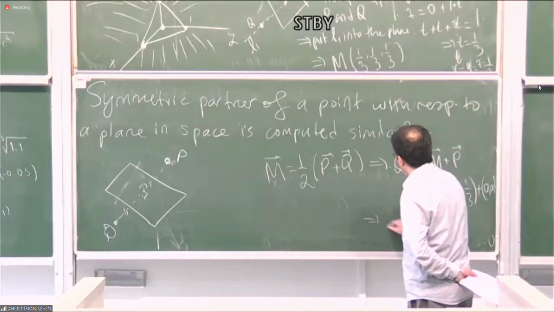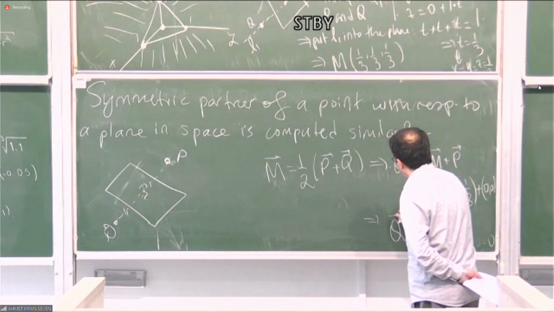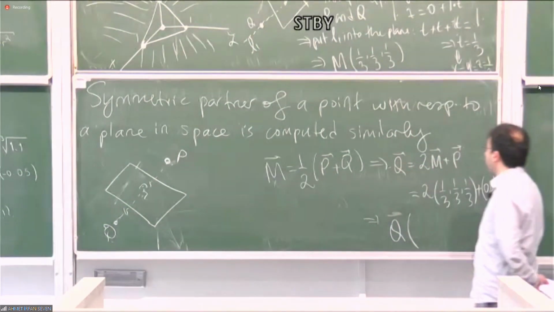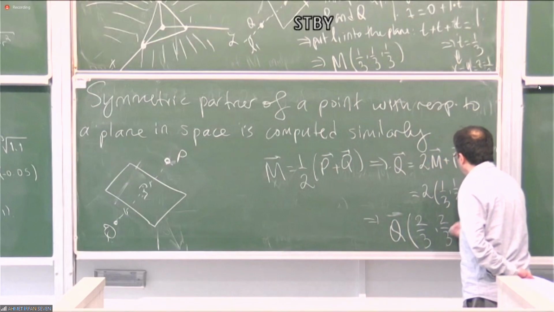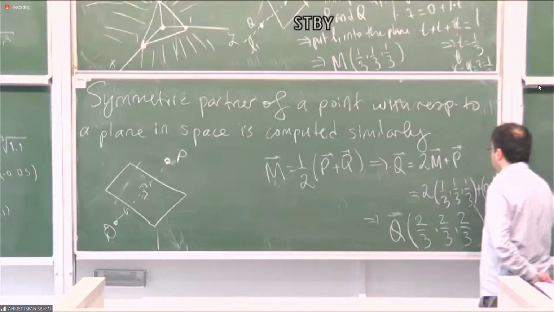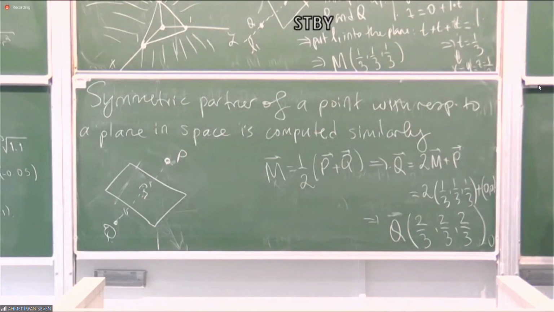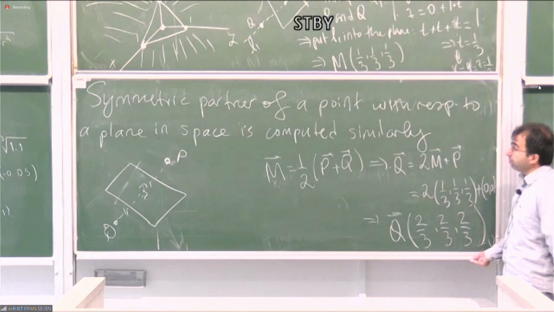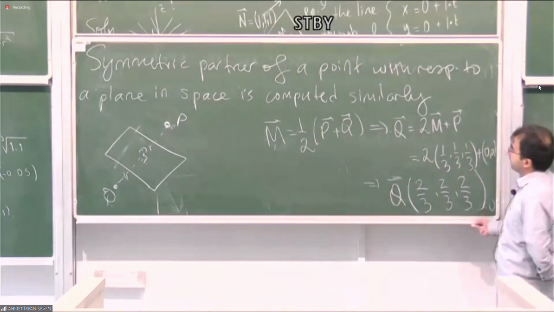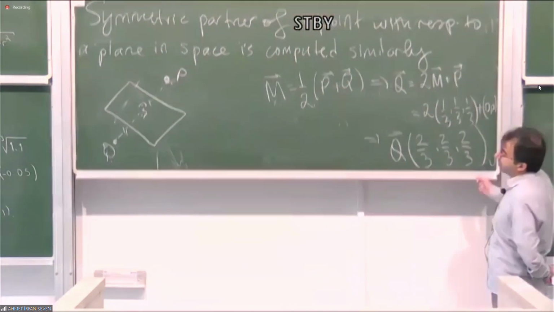So Q will be 2 over 3, 2 over 3, 2 over 3. So this is the symmetric partner of the origin with respect to this plane, x plus y plus z equals 1.